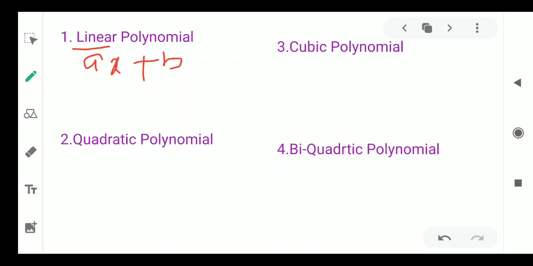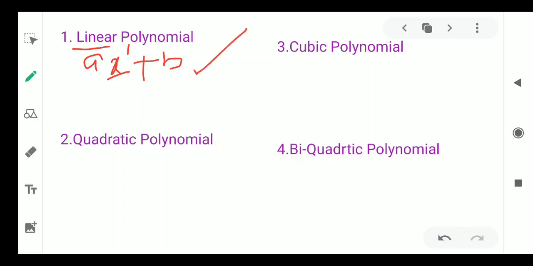Here a and b are the coefficients. Here see, what is the degree of the variable x? 1. So it is called a linear polynomial. This is the general form, and it is very important. You have to keep in your mind that the general form of the linear polynomial is ax plus b.